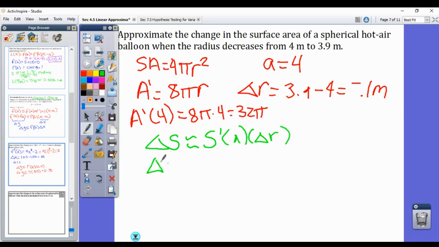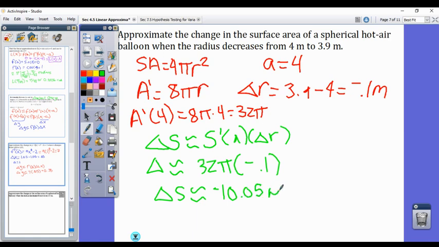So I am going to plug in 32 pi and negative 0.1 here. And that is going to give me that my change in S is approximately negative 10.05 meters squared.